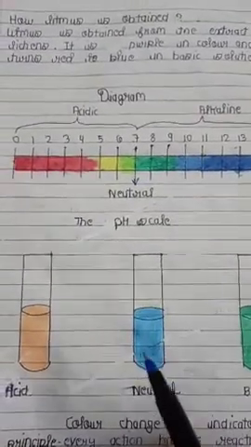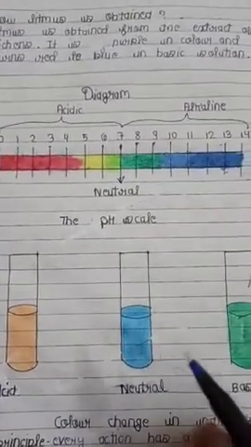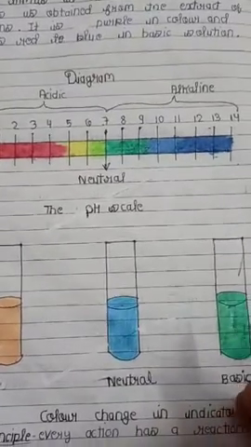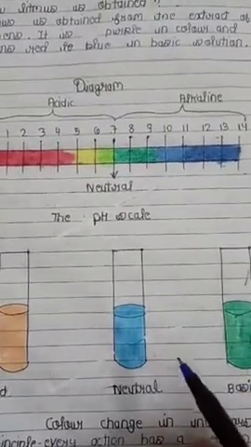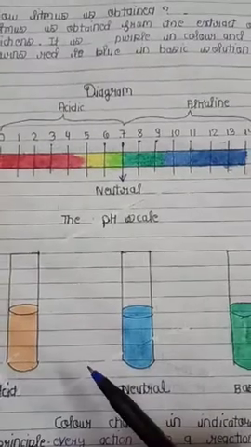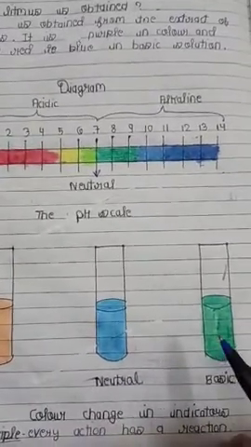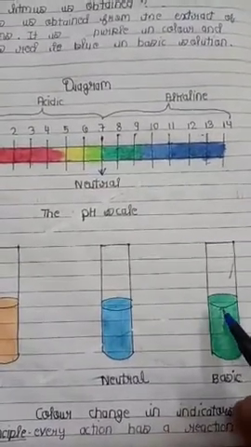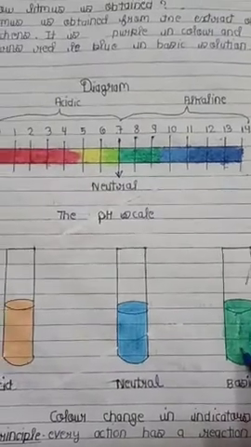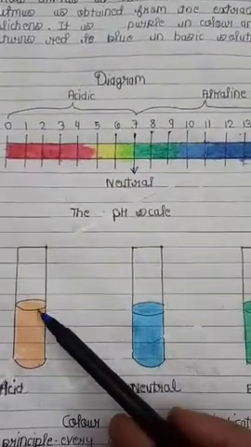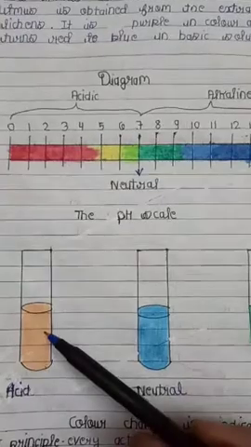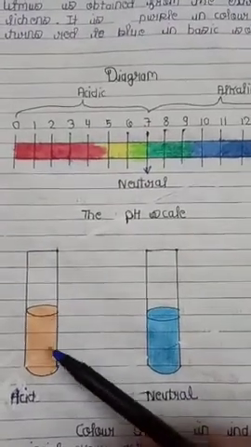You know which color comes according to the bases. When we use turmeric, in case of bases turmeric gives reddish brown, and it will not give any color change in case of acids, it remains yellow only.